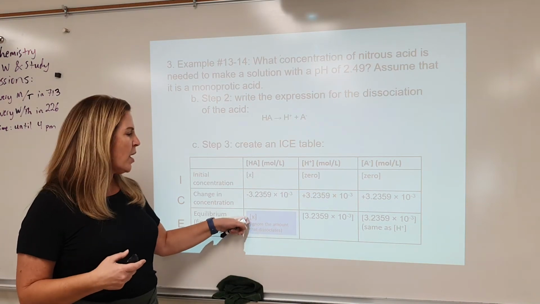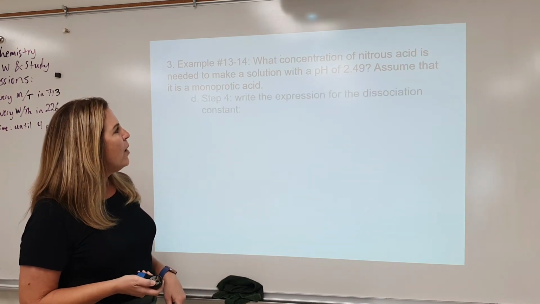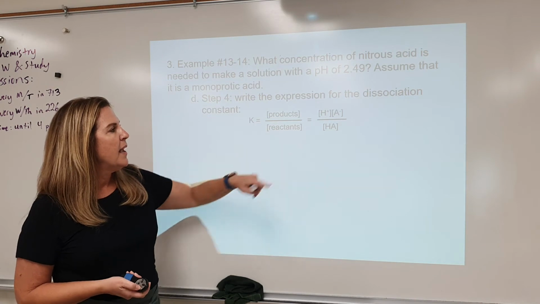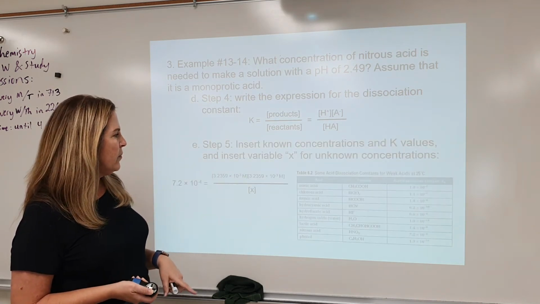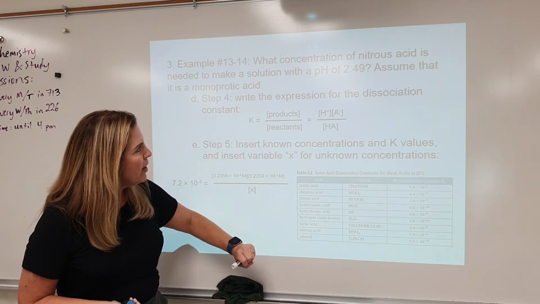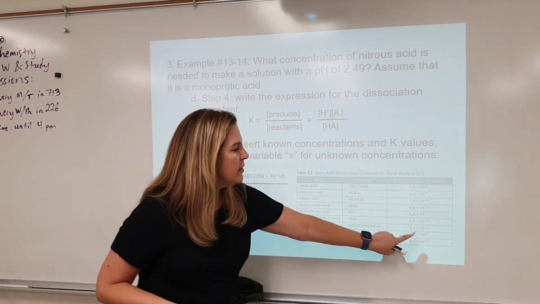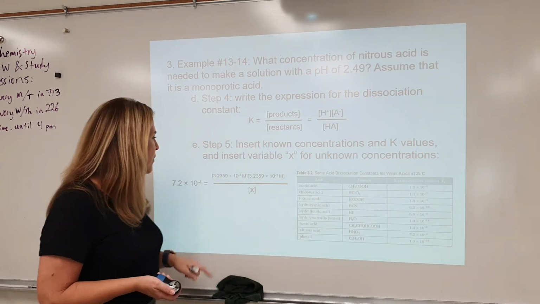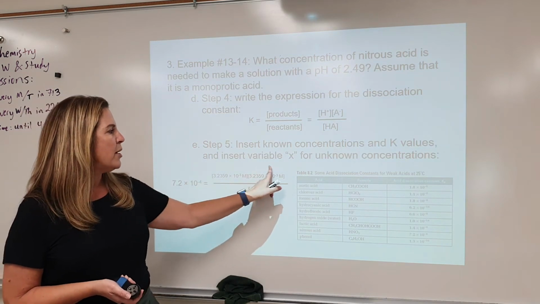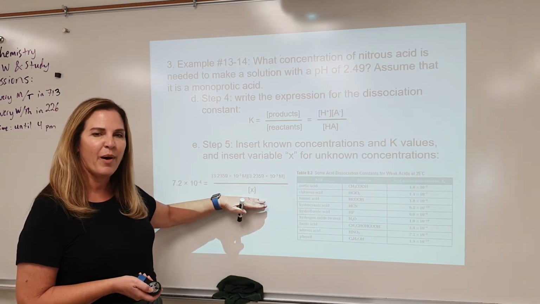So we're gonna let that drop off and it's just gonna be X. Now we will write our equilibrium expression, products over reactants, and now we're gonna fill in our information. So we have, again, using the table, finding our acid. This is nitrous acid. Finding our acid, there's our K value. We're gonna plug that in. We're gonna take our concentration of H plus and our concentration of A minus. They go there, and X goes on the bottom.